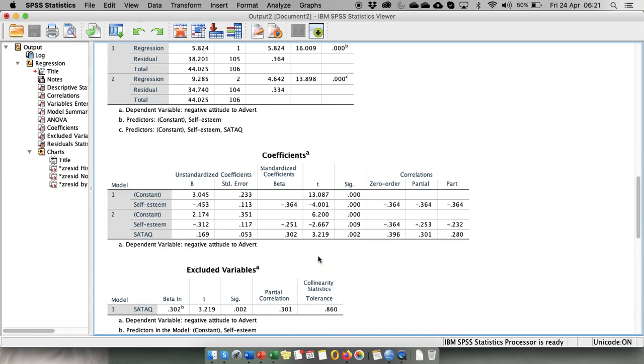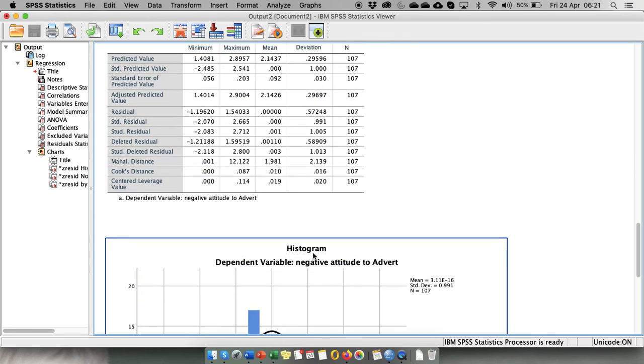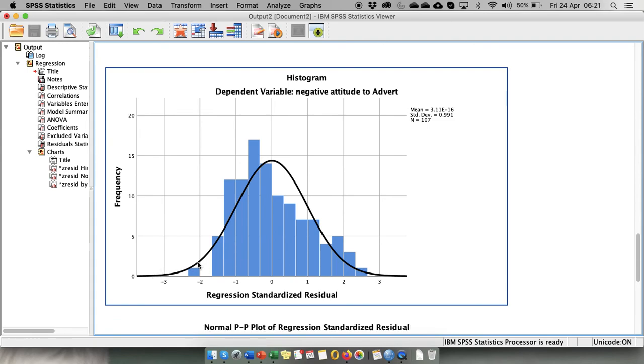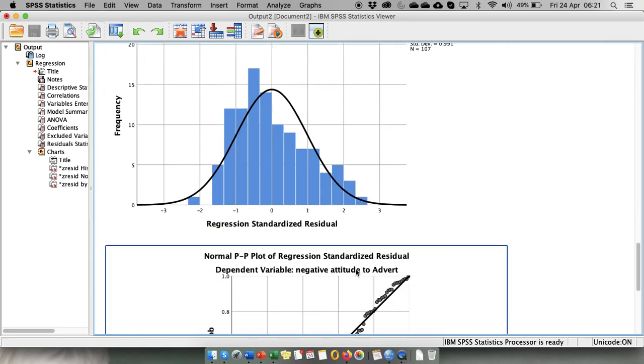Based on this, the next important output we want to look at is the histogram. The histogram allows us to test the assumptions, so we can see that the errors of our dependent variable, or residuals, are skewed positively, but they still resemble a normal distribution in a way, and our sample is quite large.